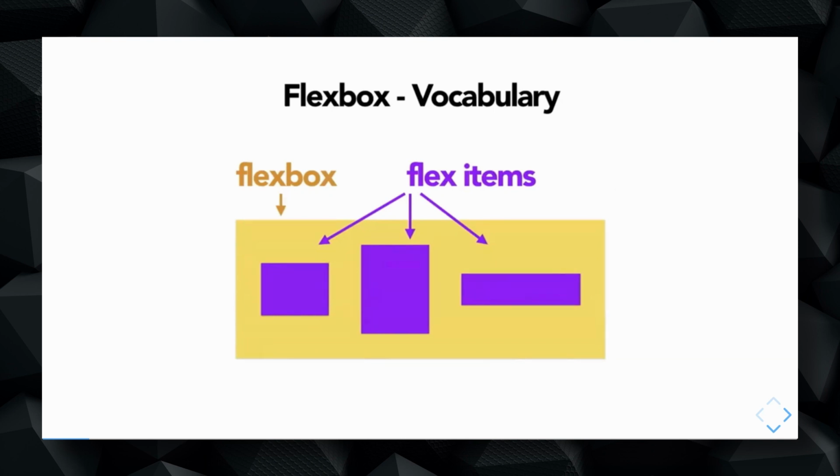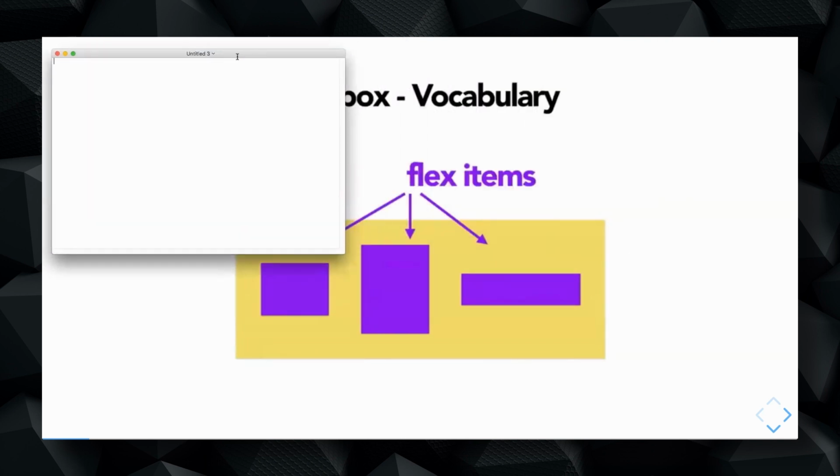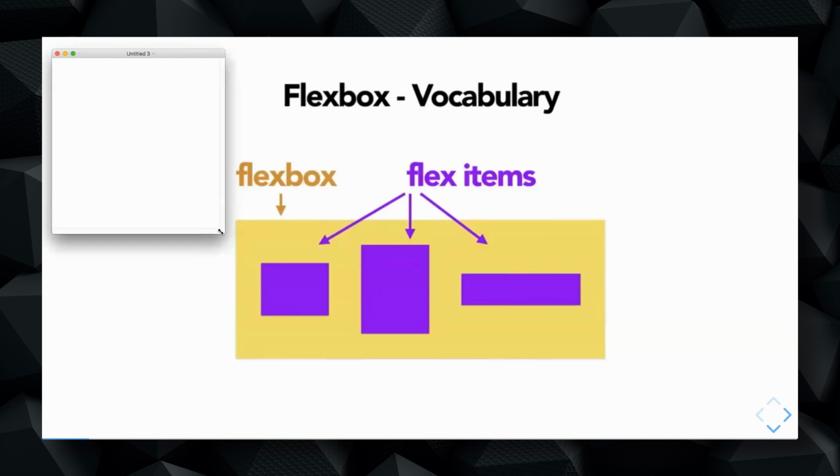Immediate children. So let's say we have a Flexbox, a div, and we will see how it's enabled, and we have the immediate children. So there's a div, there's another div, there's a span.